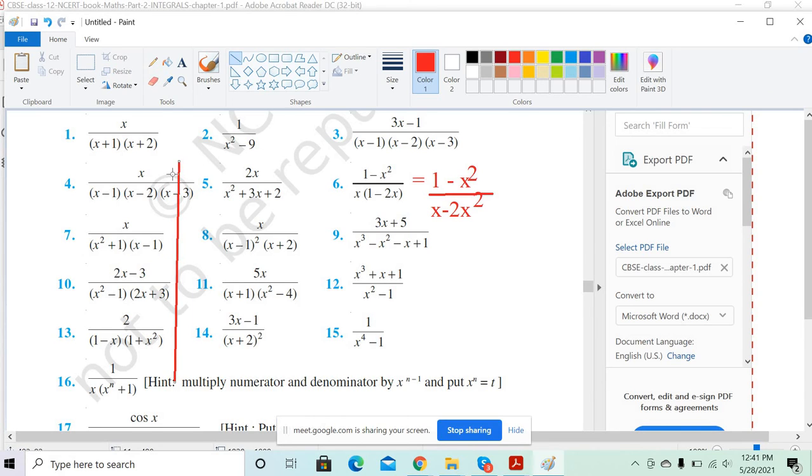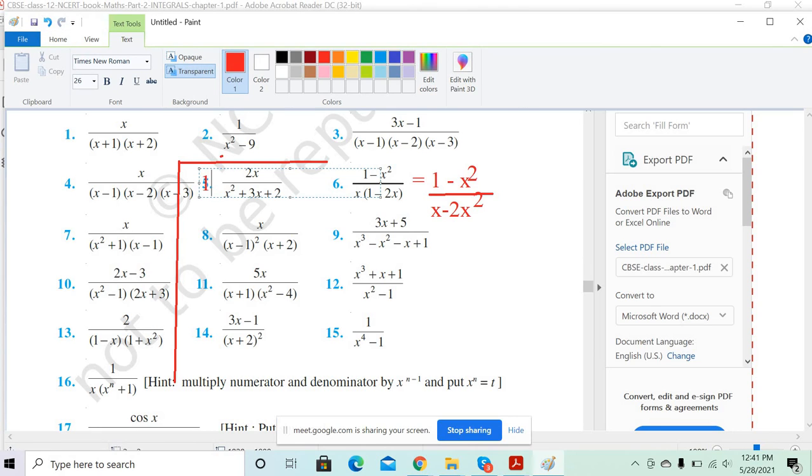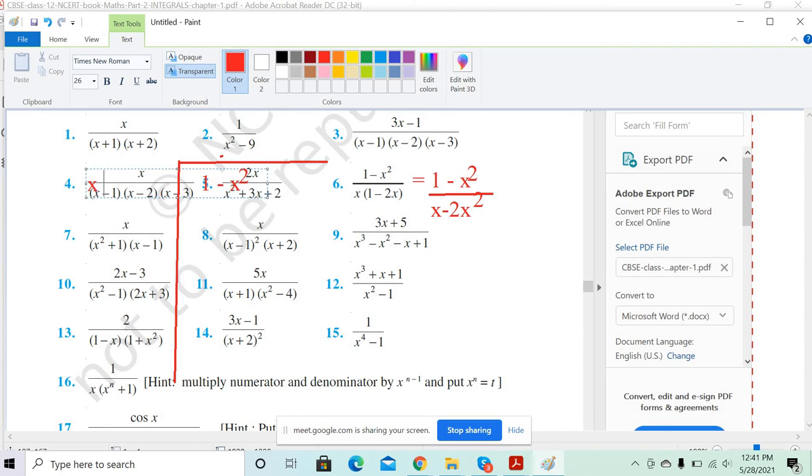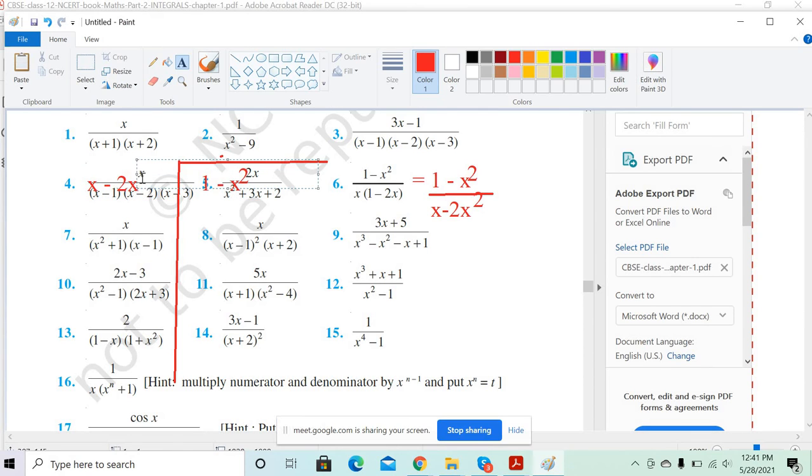We'll divide it here. In the dividend part, we'll put 1 minus x square, correct? Now we'll put the divisor here, x minus 2x square, correct?